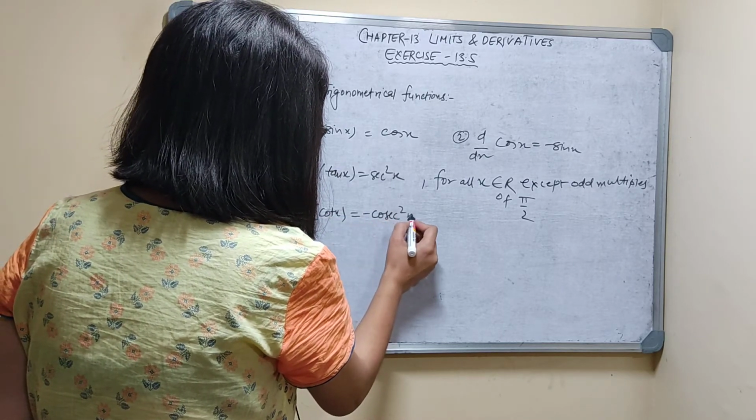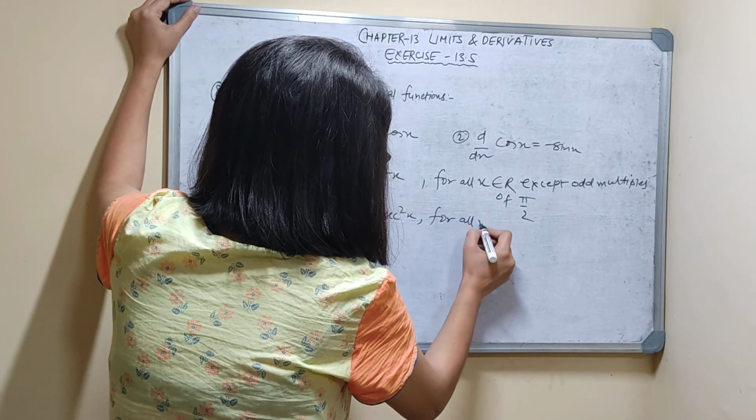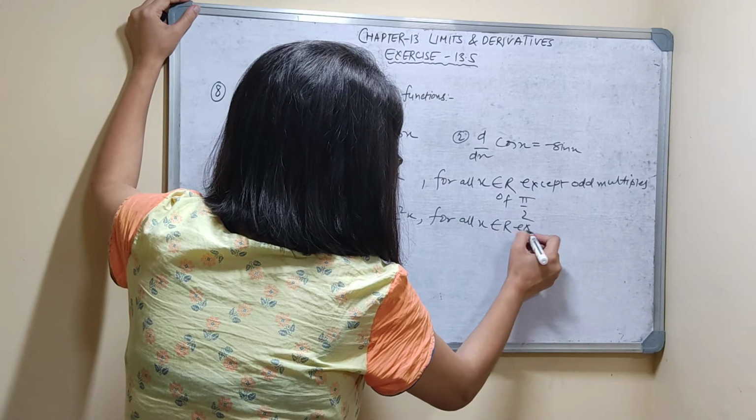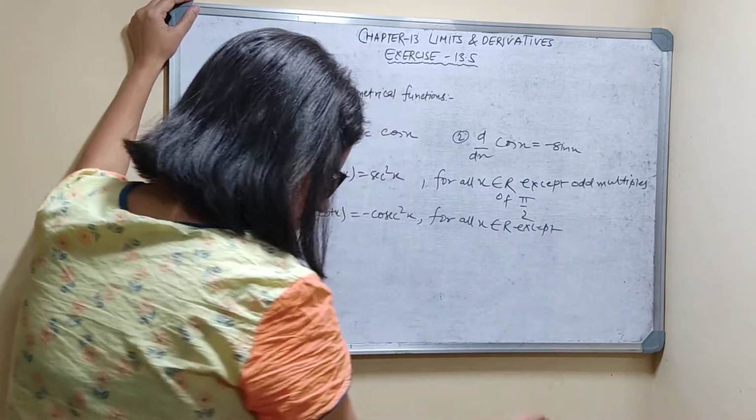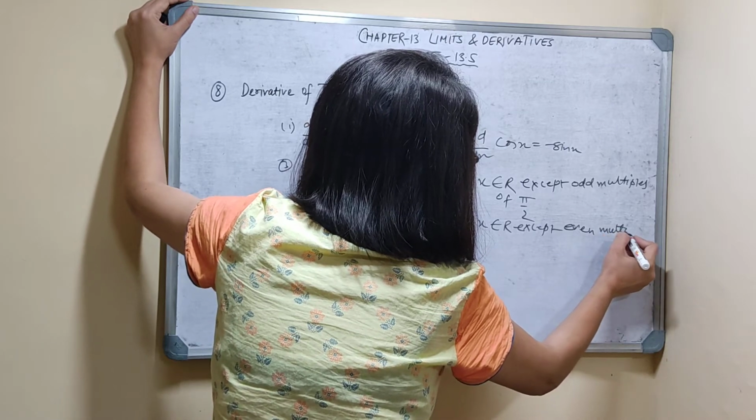Minus cosec square x for all x belonging to R except even multiples of pi by 2.